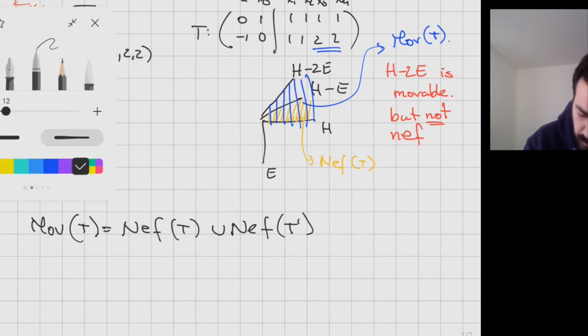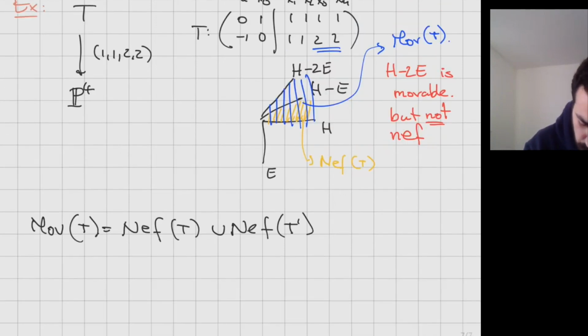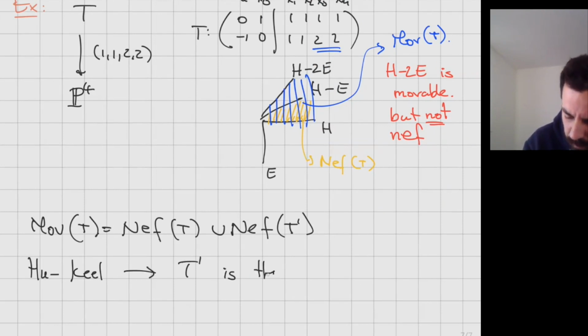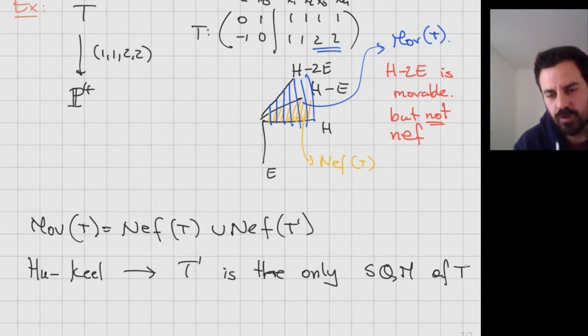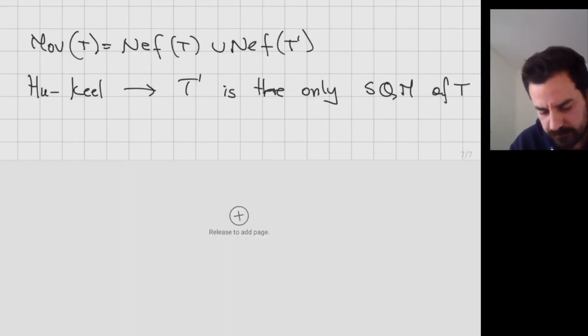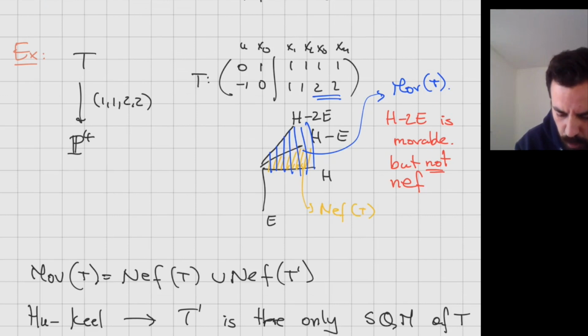And according to Hu and Keel, T prime is the only small Q-factorial modification of T. There's no other. That's T prime, okay? So if we find one small modification of T, we know that gives you T prime. So I'm going to write that quite explicitly.